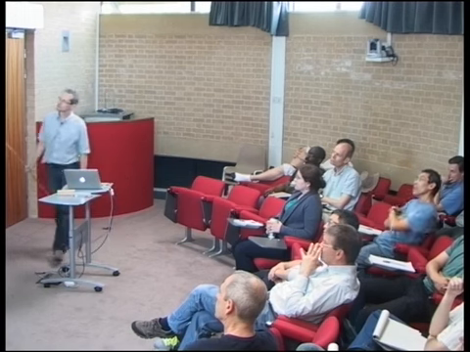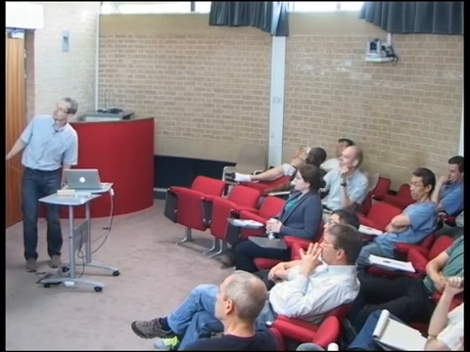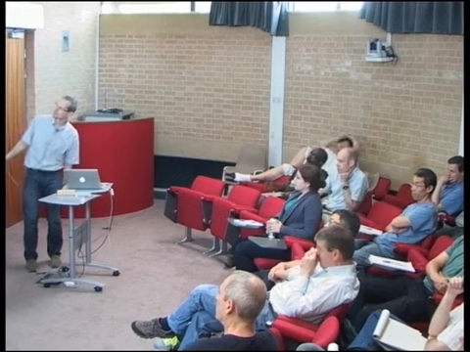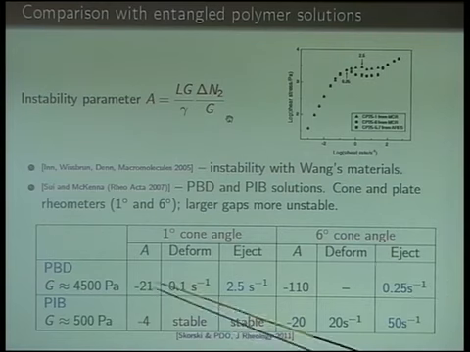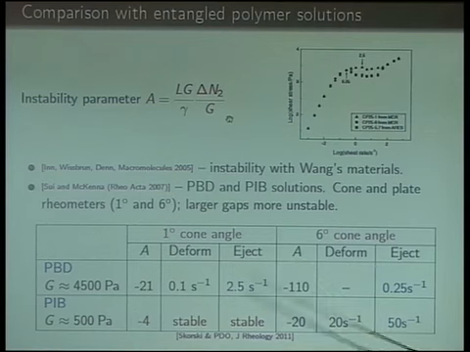In entangled polymer solutions, the people looking at these most recently are actually trying to disentangle whether the material's shear banding or not. That was sort of the argument in the literature. This is polybutadiene, this is polyacetylbutylene, I think is the name. They have different characteristic moduli by about an order of magnitude.